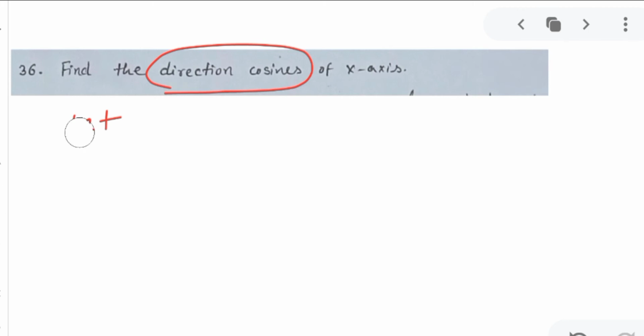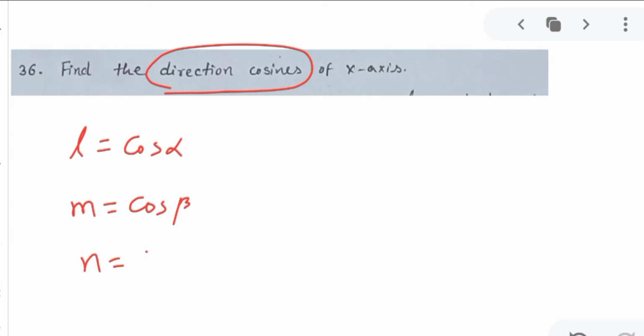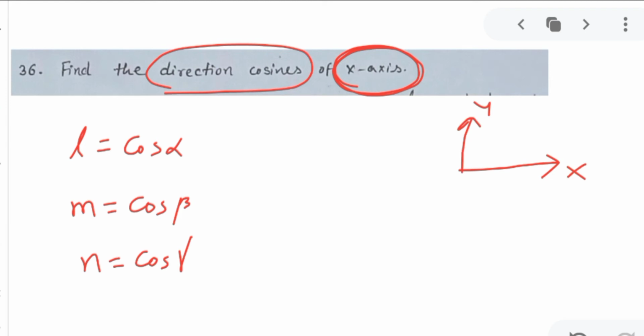L will be cos alpha, M will be cos beta, and N will be cos gamma, where alpha is the angle made by the line with the x-axis, beta with the y-axis, gamma with the z-axis. Here in the question, we have to find the direction cosine of the x-axis. This is the x-axis, y-axis and z-axis.